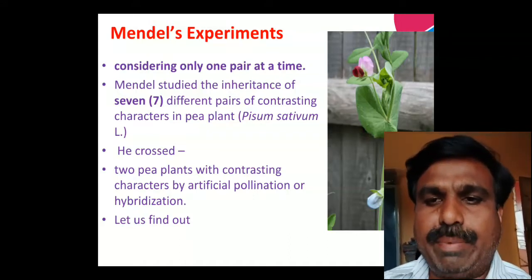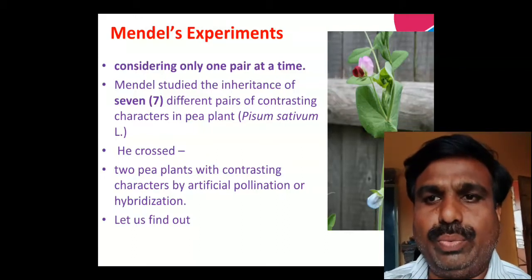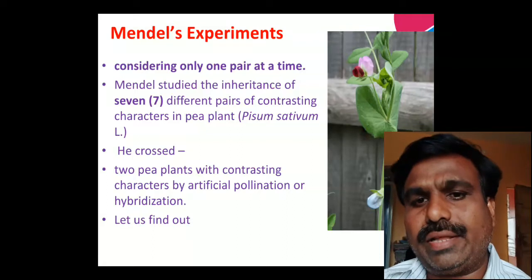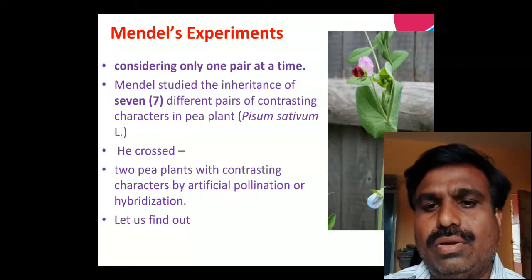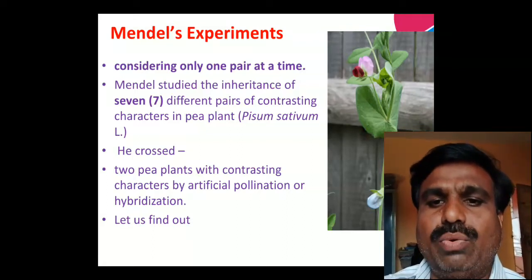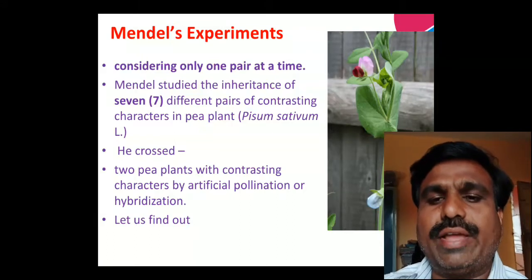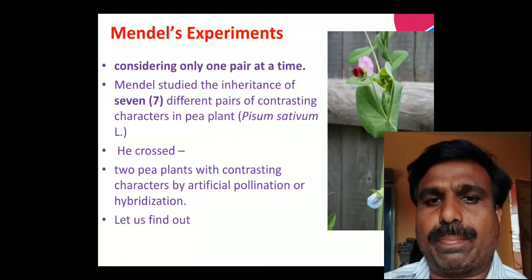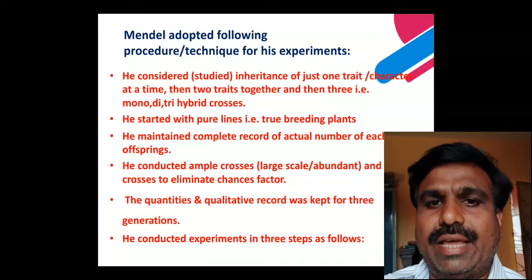In the experiments, 2 plants with contrasting characters were used, considering one character, for example height. One plant is tall and another plant is dwarf. These are the 2 pea plants with contrasting characters.